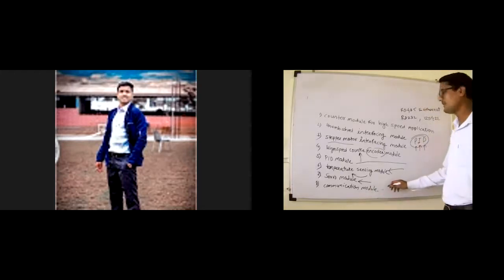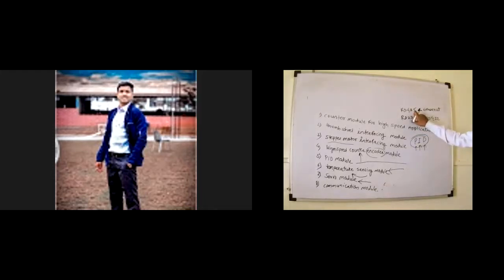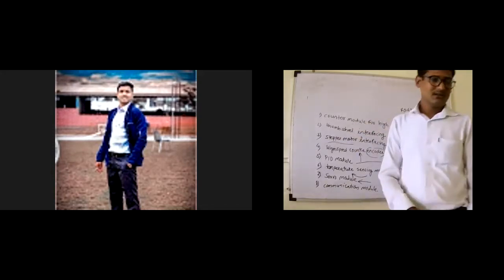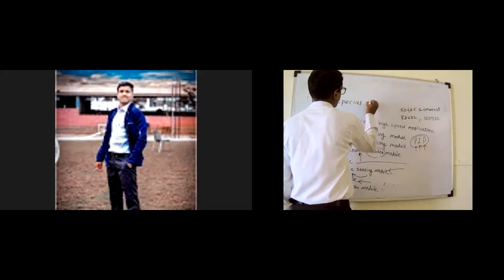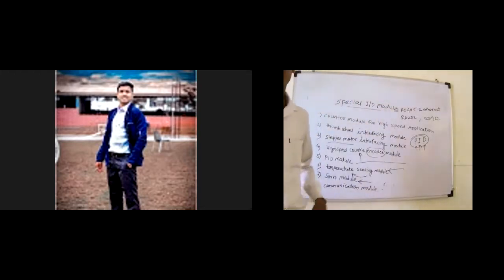And the peripherals used to communicate the PLC with these devices are RS485, RS232, RS422, and Ethernet. These are the special I/O modules.